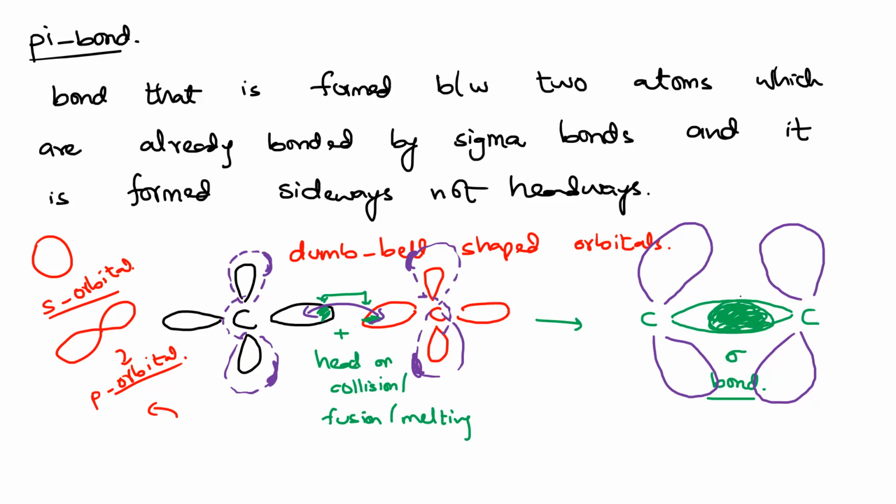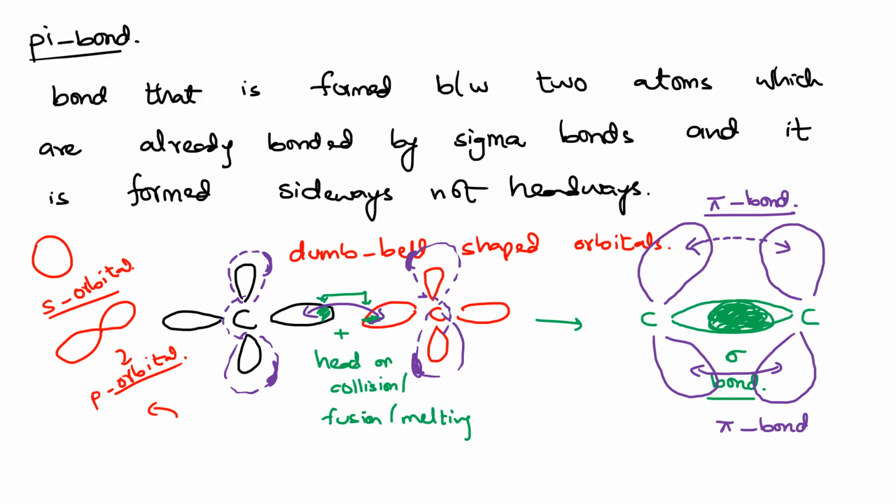So they cannot merge head on, but they can be connected sideways, and a parallel bond can be formed. That's a pi bond. So when something is sideways, it's a pi bond, and something that is head to head is a sigma bond. Yeah, that's nice.